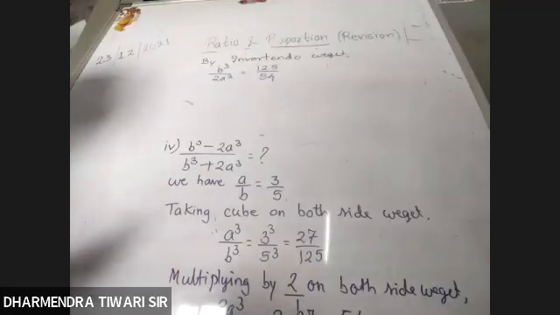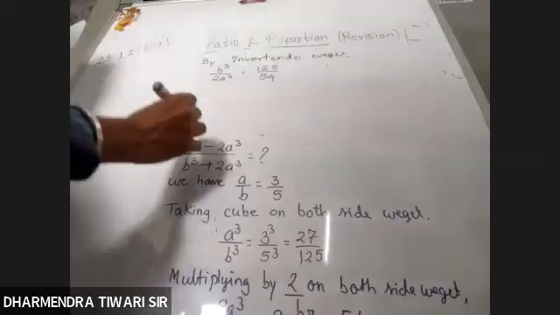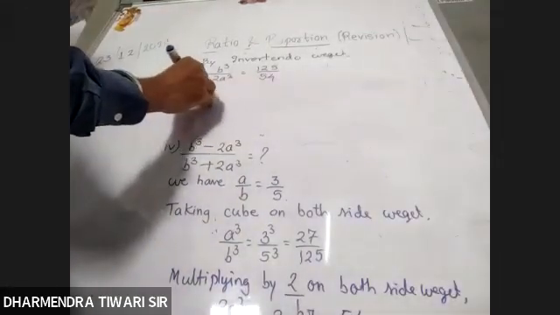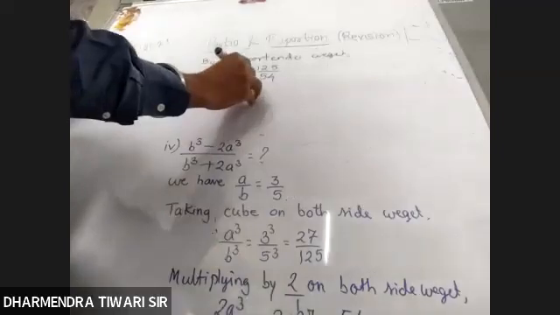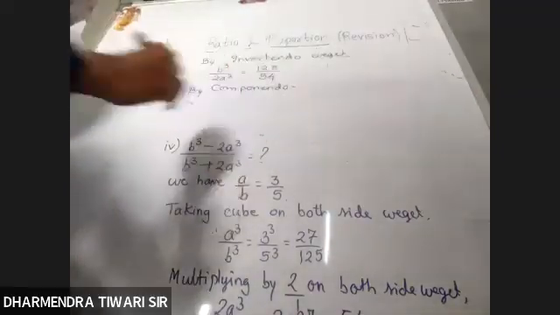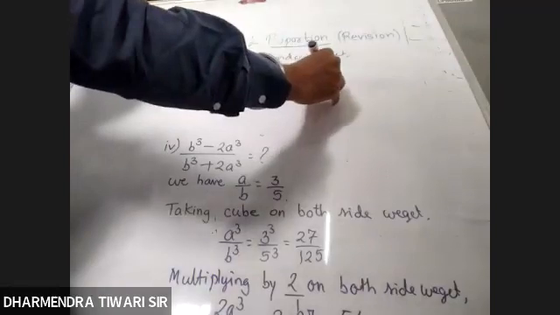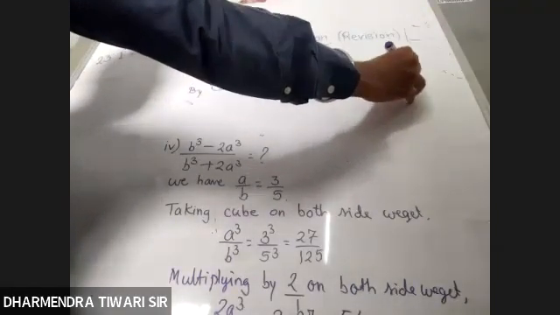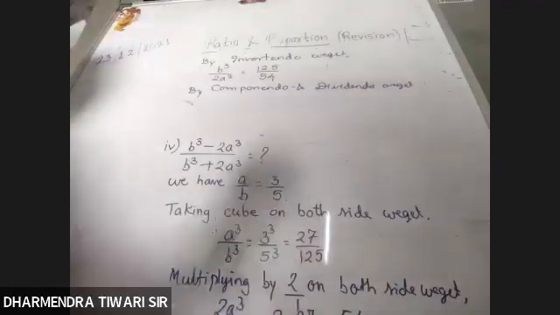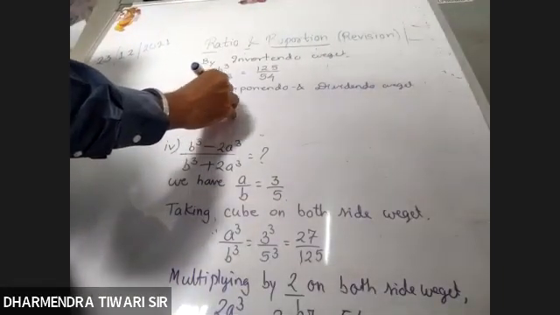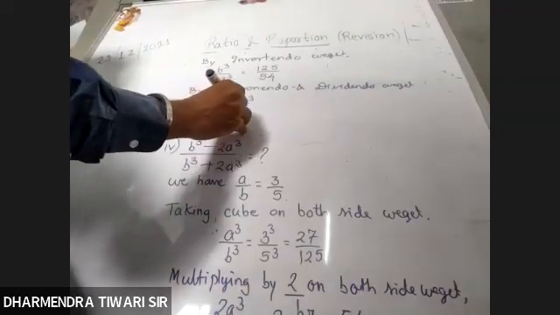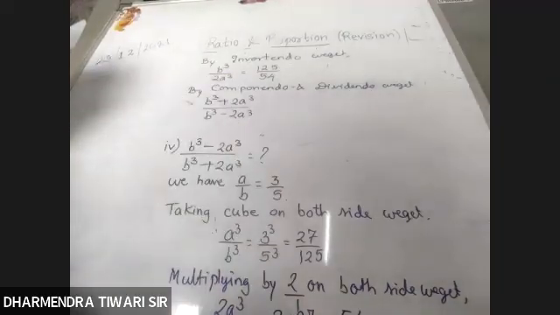Even 2a cube will do, but right now our demand is that b cube should be standing first, so it should be in the numerator. So by componendo and dividendo, we get b cube plus 2a cube upon b cube minus 2a cube. Now we can see that it is matching. So no problem, we can proceed.